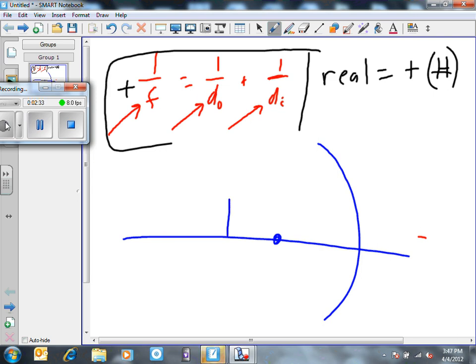If we have an object, which is typically drawn as an arrow, and we're trying to figure out where the image is going to be, if we use ray tracing, there's three rays that we're always going to be using. We only need to use two, but there's three possibilities. But before we talk about that, since light is spherical in nature, you'll get rays coming off in all directions.